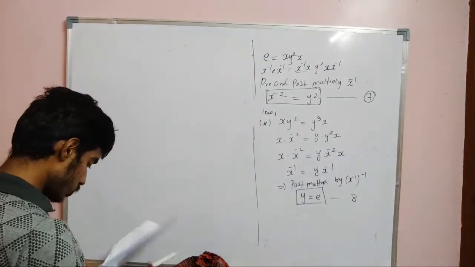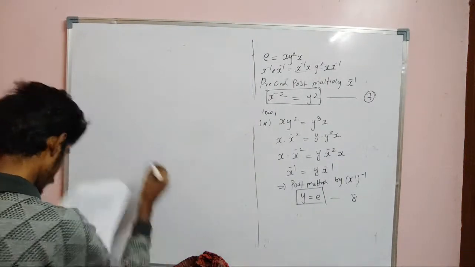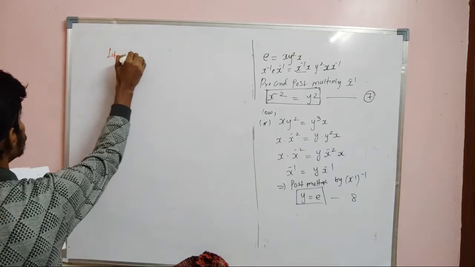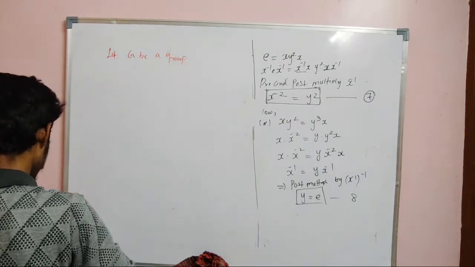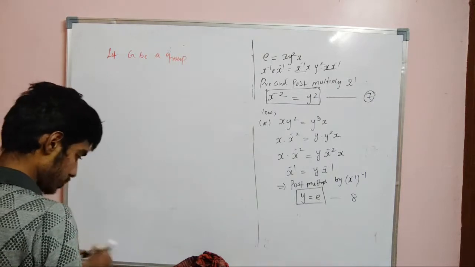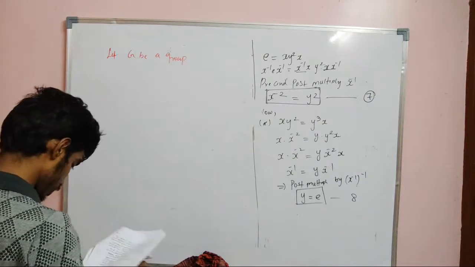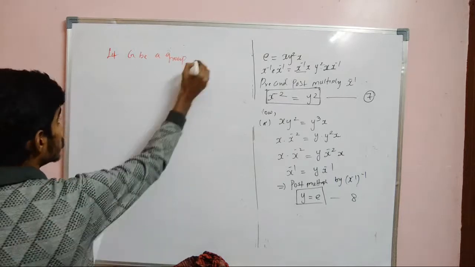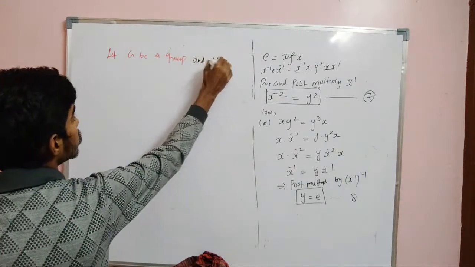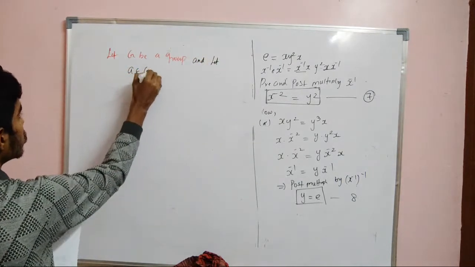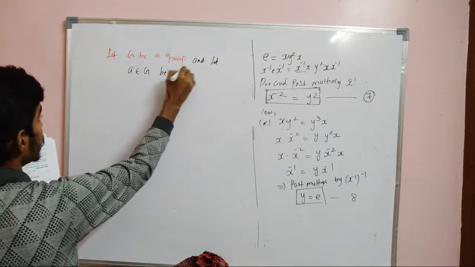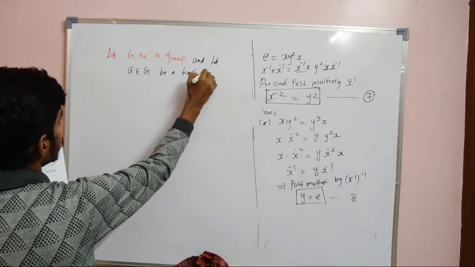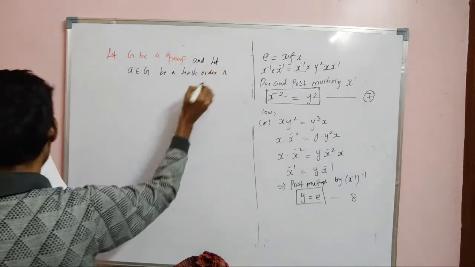So let G be a group, and let a belong to G, be of finite order n.